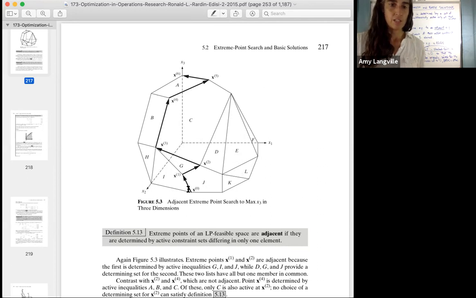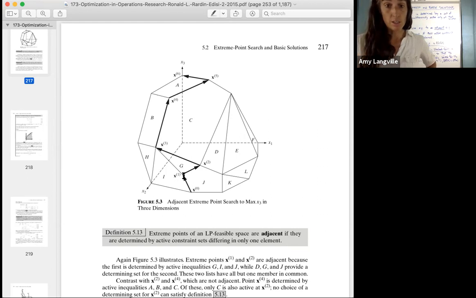So x0 is actually defined by the constraint given by I. So again, this is a face defined by a plane. So I is a plane, J is a plane, and x greater than or equal 0 is a plane when x3 equals 0. So we have 3 planes, they intersect and make this point x0.